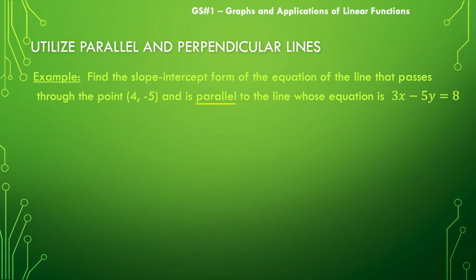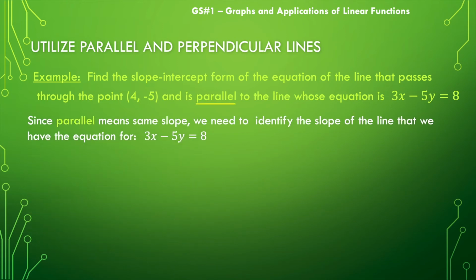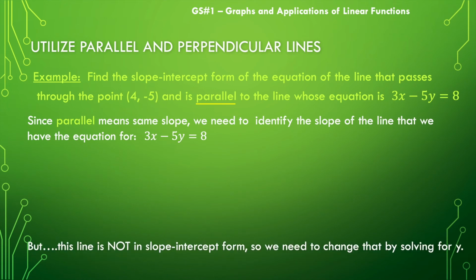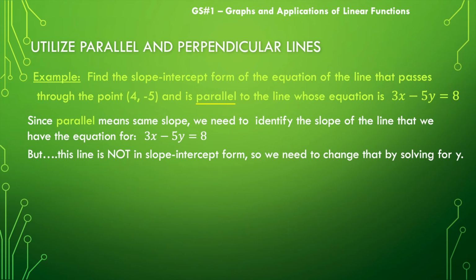So I want to remember that parallel means the same slope, so I need to identify the slope of the line that I'm given. But this is not in slope-intercept form, so I will need to change that by solving for y.